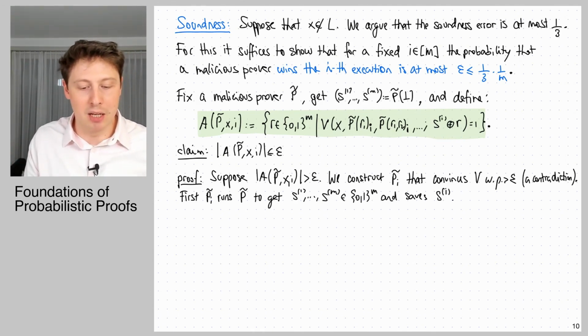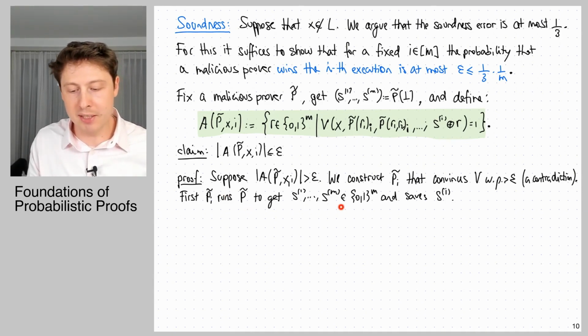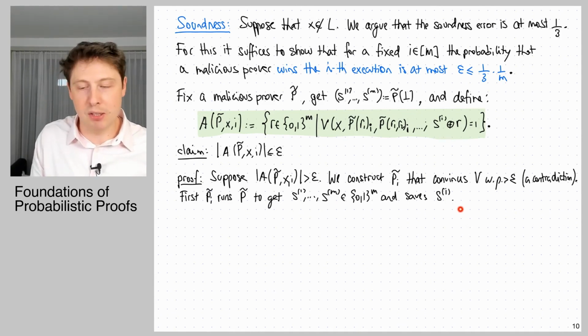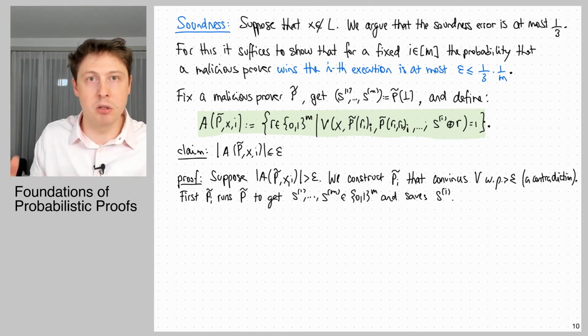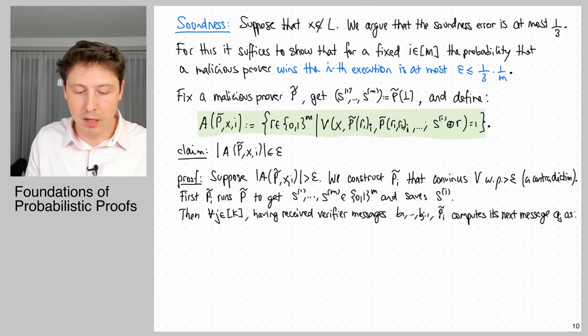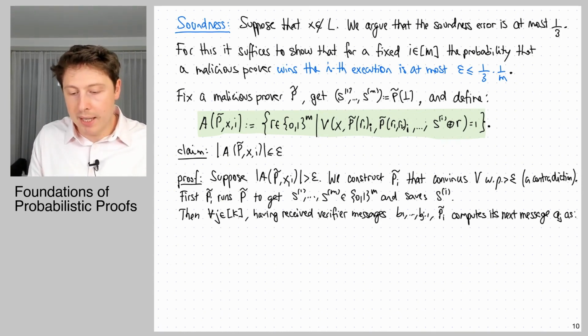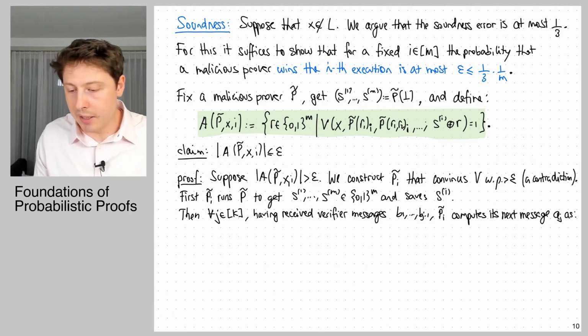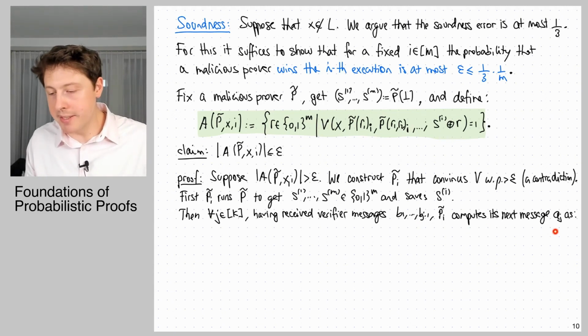So the new prover we construct is going to run p tilde to get these shifts, and is going to just remember the ith shift. Remember, these shifts are not exposed to the other verifier because he doesn't know about those shifts from the original interactive proof. In the jth round, he has received verifier messages b1 through bj-1, and pi tilde is going to compute its next message as follows.